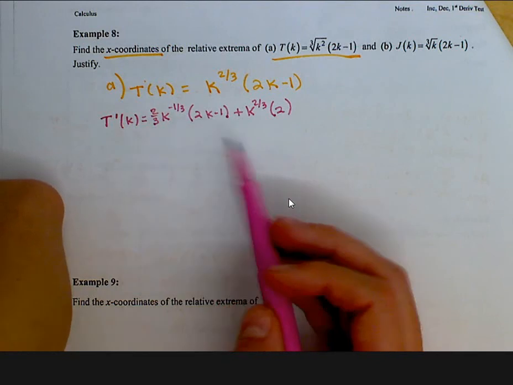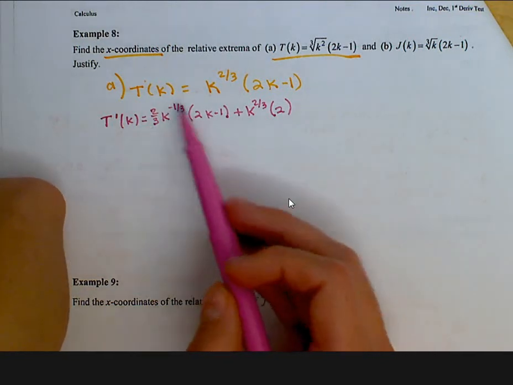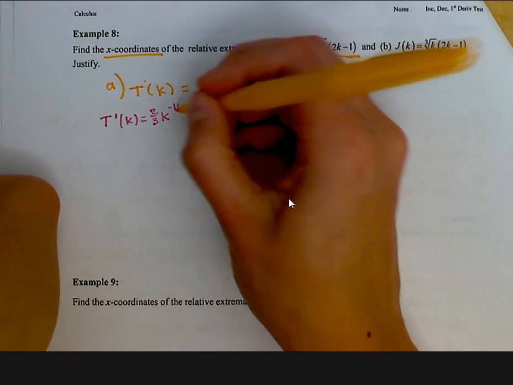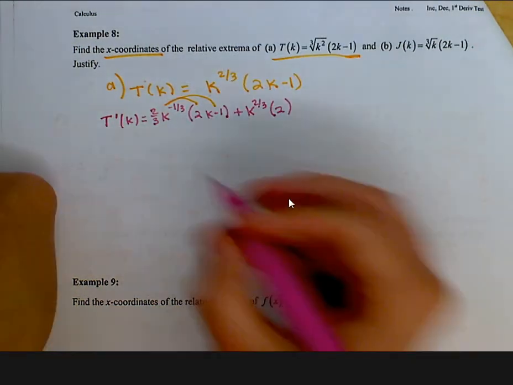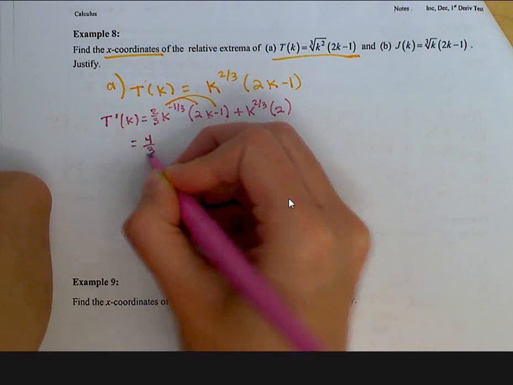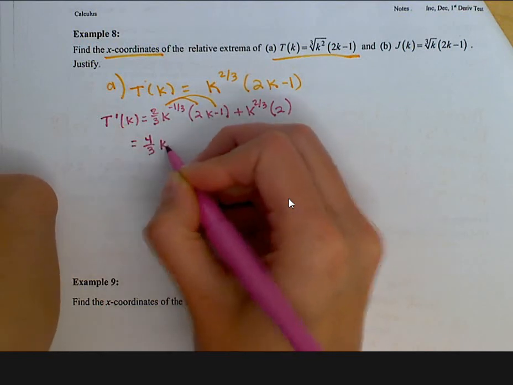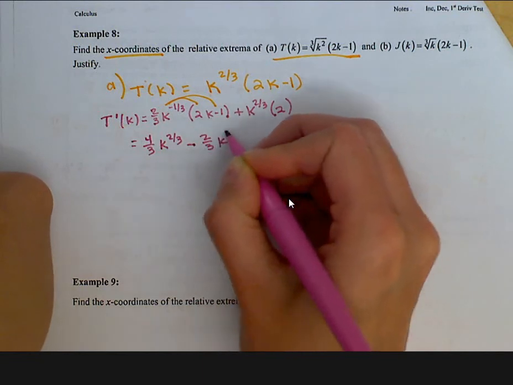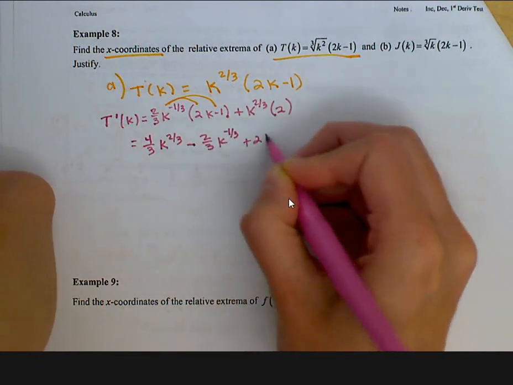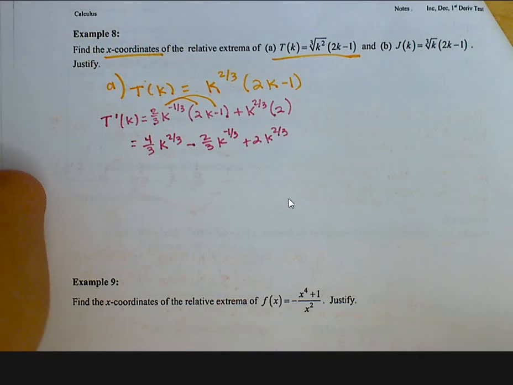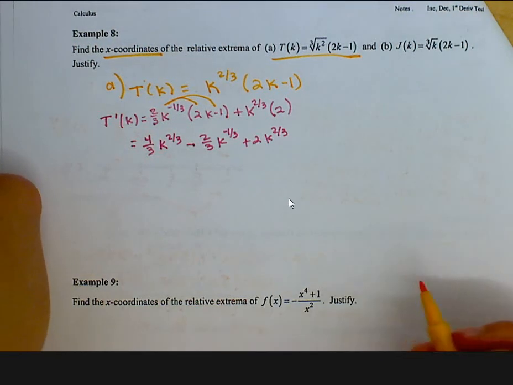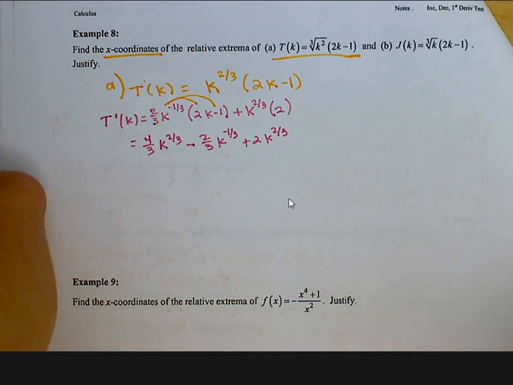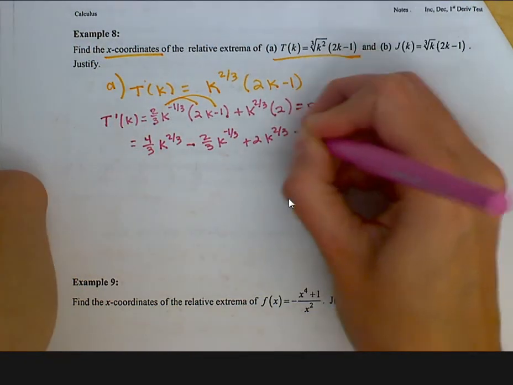So I'm going to distribute here and here, and I'm going to get 4/3 k to the 2/3 minus 2/3 k to the negative 1/3 plus 2k to the 2/3. Still just doing algebra. Remember though, we are setting this whole thing equal to 0.